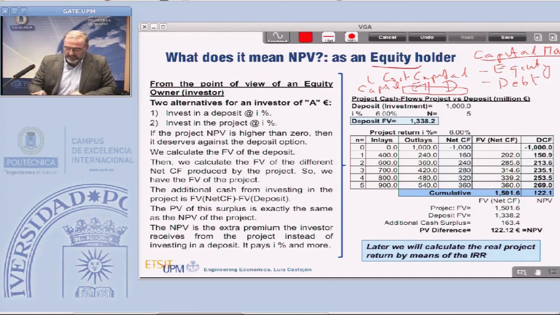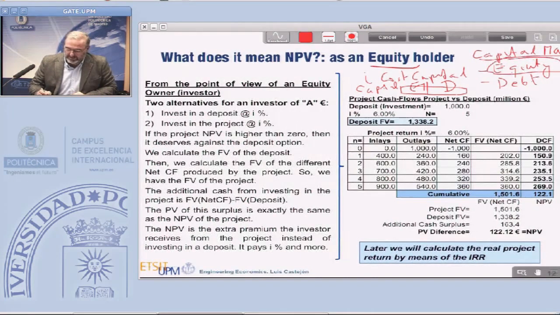So let's suppose that in this slide all the capital of the company comes from the equity, from the shareholders. So this company does not have any debt. And then for any investor, for any equity holder, every investment is defined by its internal rate of return.